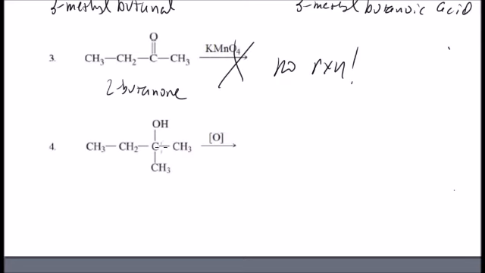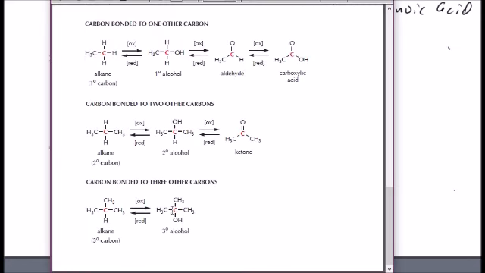All right, let's look at number 4. What do we have here? We have an alcohol, and it's on a carbon right there. That's a tertiary carbon. So the alcohol is on a tertiary carbon. Let's look at our cheat sheet. What does it say about tertiary carbons? All right, a carbon bonded to 3 other carbons. Here we go. A tertiary alcohol, just like we have in the problem.